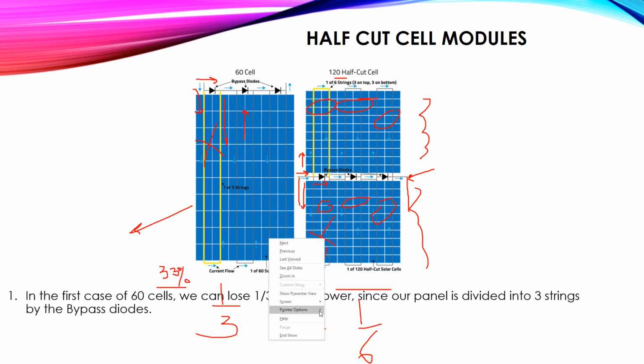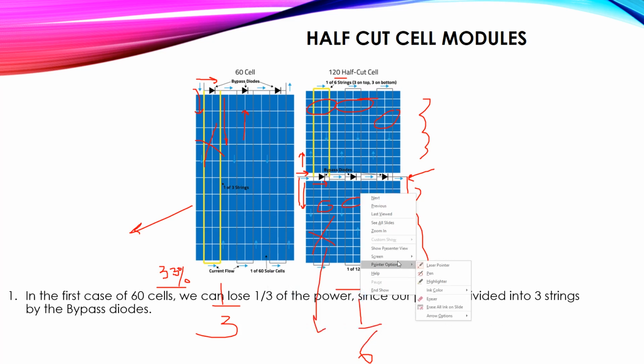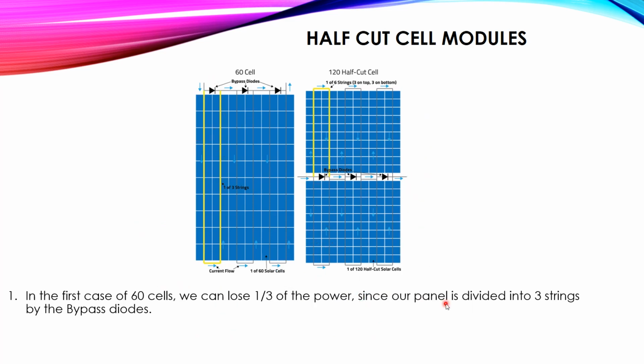So in the first case of the 60 cells, you will find that the power is reduced by a third, which means we are losing a third of the power. Why? Because it is divided into 3 strings by the bypass diodes.